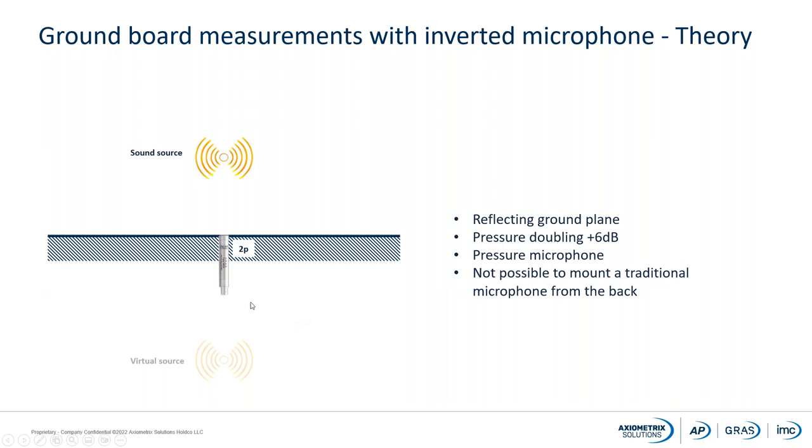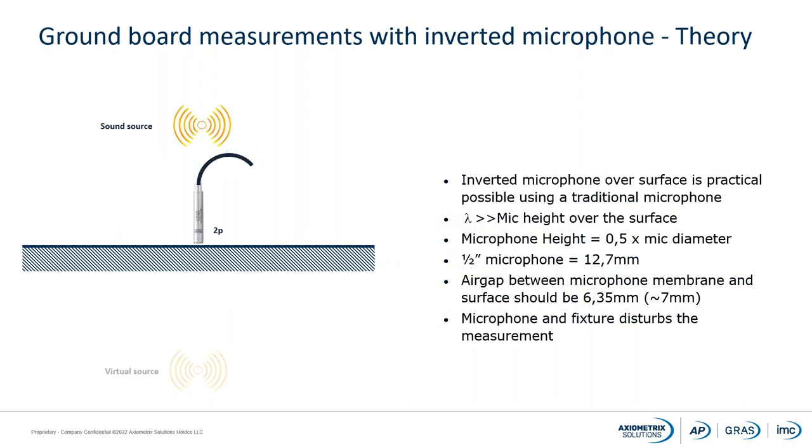So for practical considerations, they said, well, we can't really use this method because then we have to dig a hole under each individual plate in order to have space for the microphone, the pencil-like microphone. So they said, why not place it on top instead?